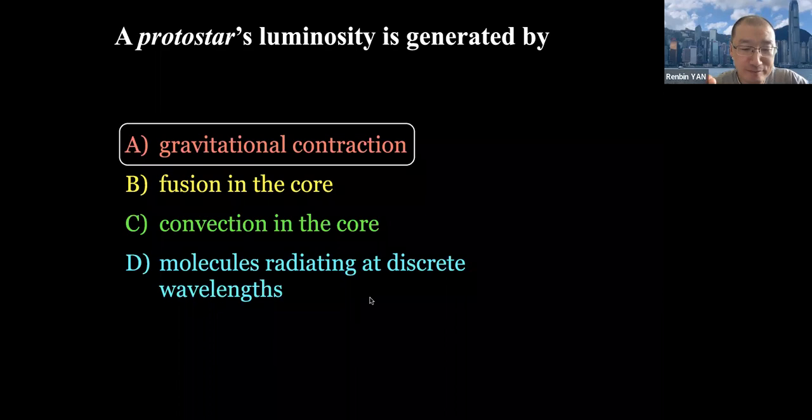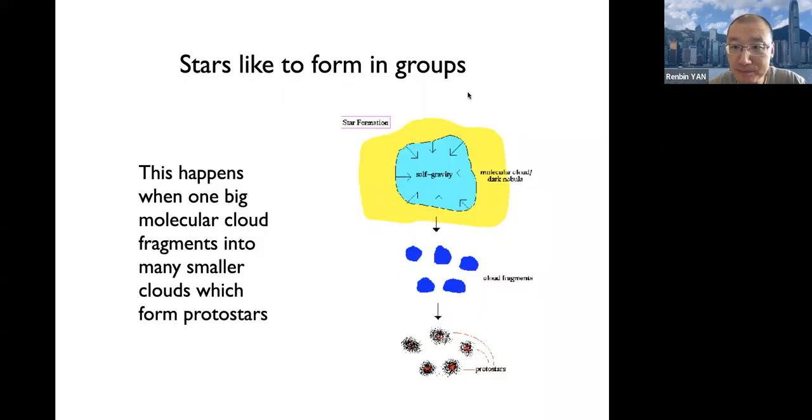So it will have a few thousand K of temperature, and it gradually gets smaller and smaller until the center heats up to 10 million Kelvin, and then it can start hydrogen fusion. So this process is gravitational contraction, and that's what produces a protostar's luminosity.